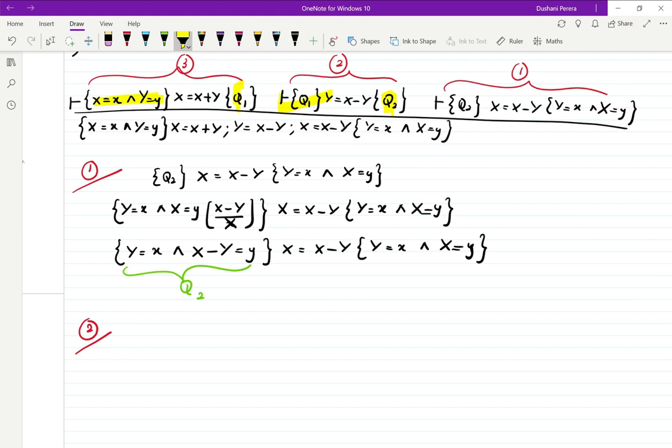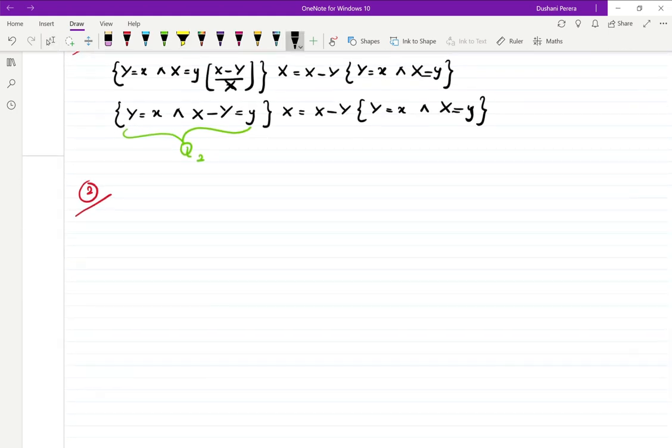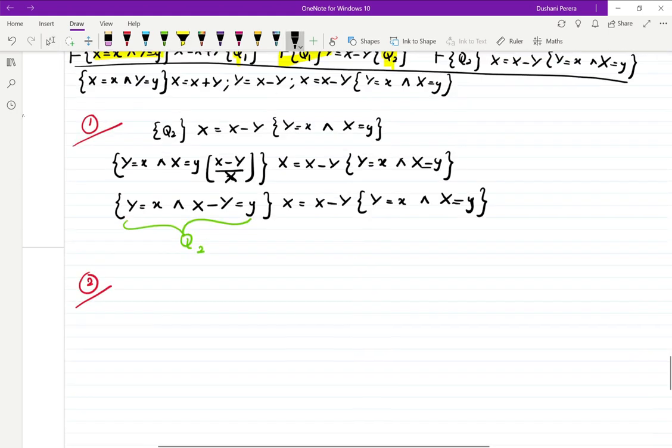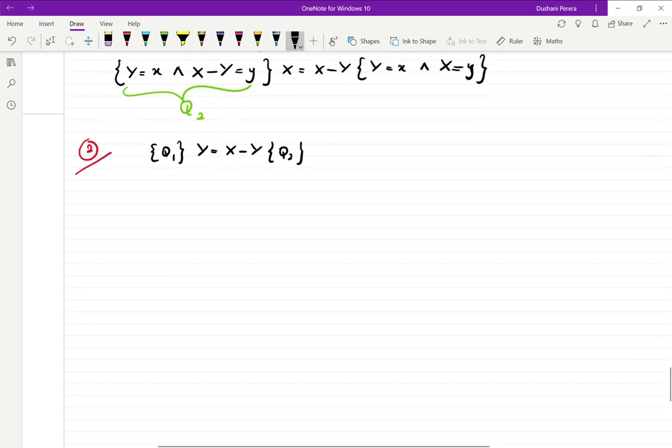If that's the case, then this is a valid Hoare triple. So let's take the second one now. The second one goes like this: Q1, x minus y, Q2. So let's replace Q2 with what we found before. Y equals x minus y.